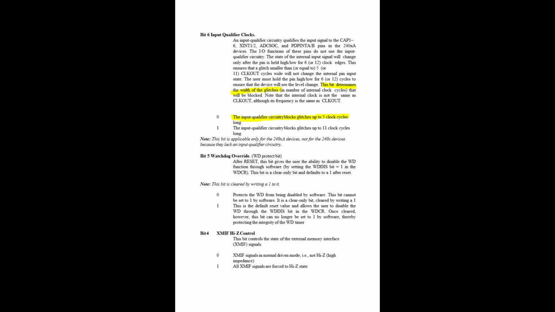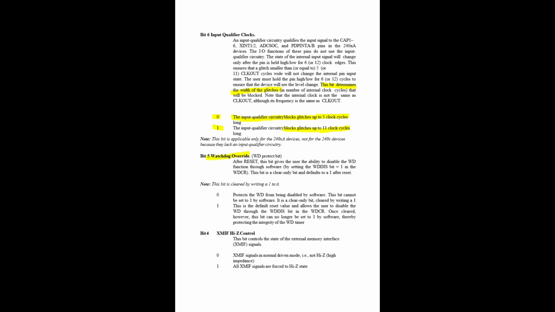So if you want to block 5 clock pulses, you can put 0. If you want to block 11 clock pulses, then you have to put 1. So 5 clock pulses to be blocked by the circuit can be decided by writing 0 on bit 6. If you write 1, 11 clock pulses will get blocked.